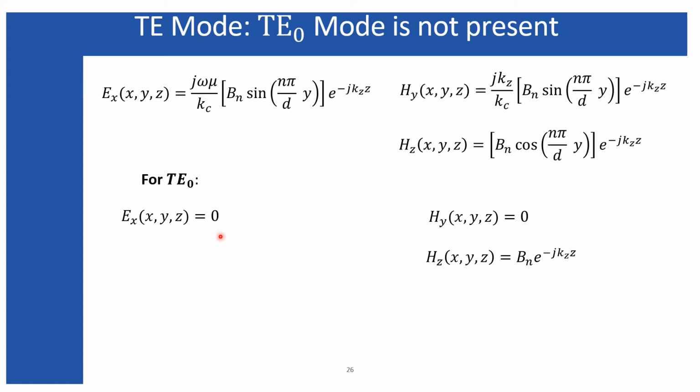The only electric field that was present in the expression of TE modes was Ex. Now by considering n equals 0, that only electric field goes to 0. But in order to support the propagation of the electromagnetic wave, at least one electric field and one magnetic field must be there. Right now we don't have any electric field, so therefore the TE0 mode cannot be supported for the parallel plate waveguide.